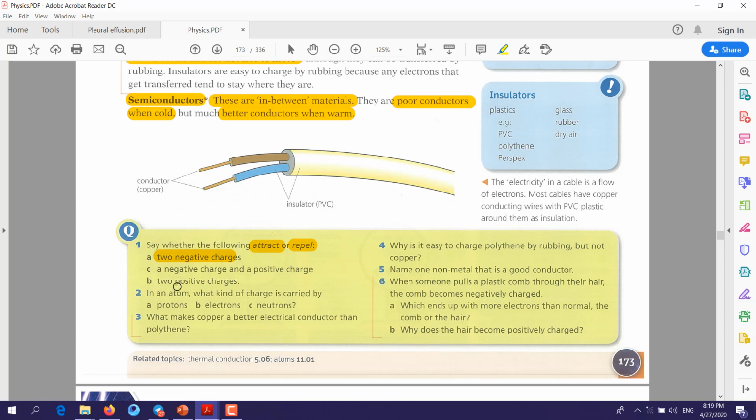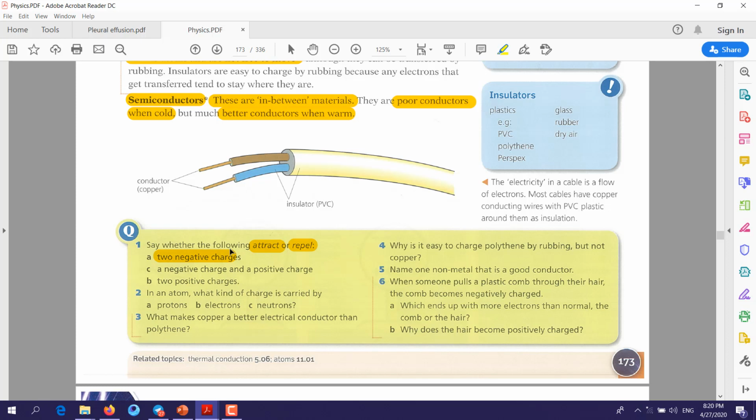Two positive charges, the charges are the same, so of course they will repel each other. Whenever you have two charges the same, they will repel each other. Whenever you have two different charges, they will attract each other.